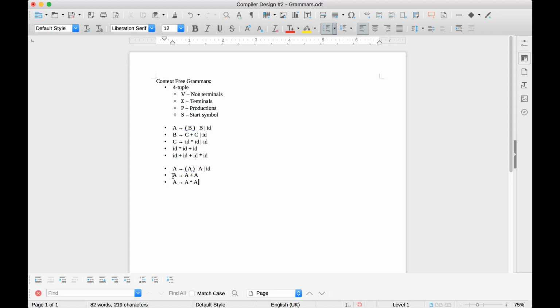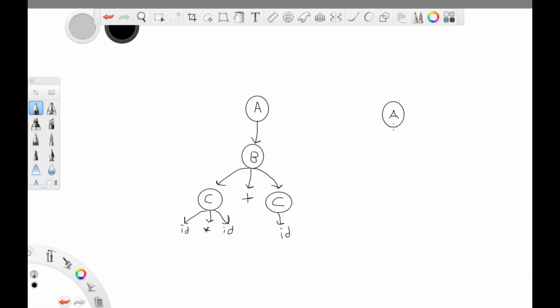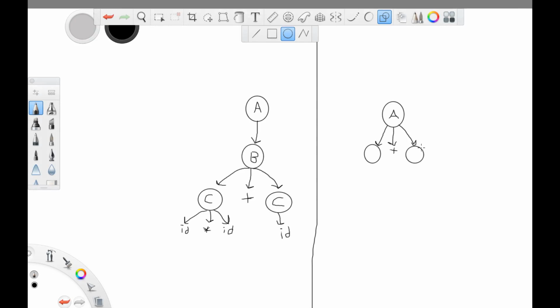Because we have a production, A goes to A plus A. So let's have a plus here in the middle. And again, let's make sure all of these are arrows. We can split this. So what do we need for these two? Well, we need A's. So we need an A on the left side. We need an A node on the right side.